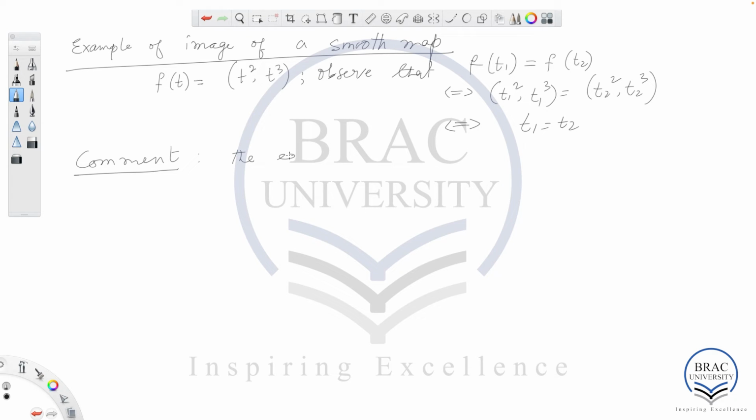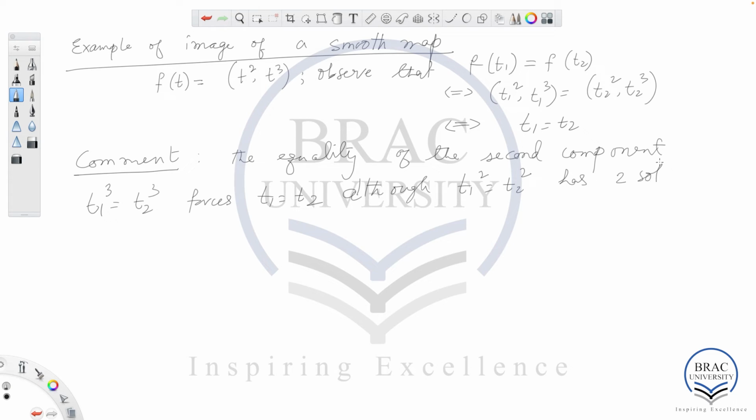The equality here for the second component, t1 cubed is equal to t2 cubed, forces t1 to be equal to t2, although t1 squared is equal to t2 squared has two solutions, t1 is equal to plus or minus t2, right?